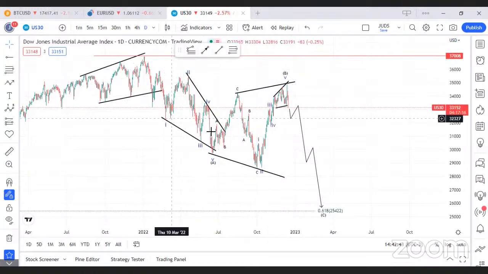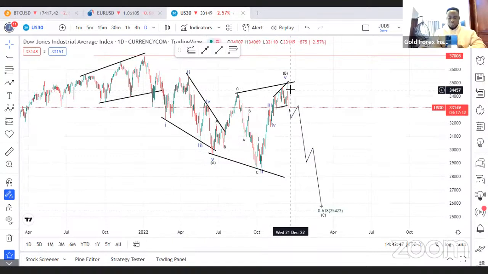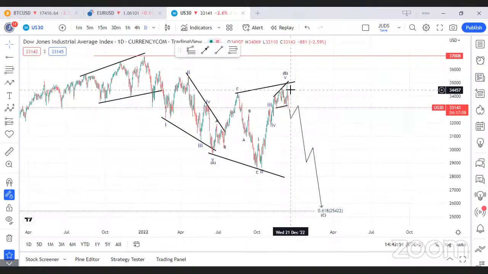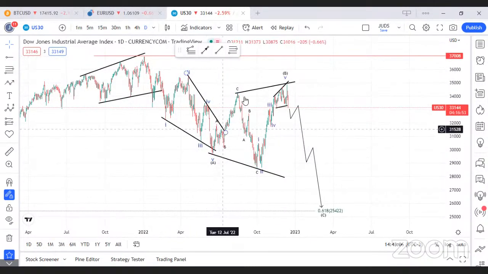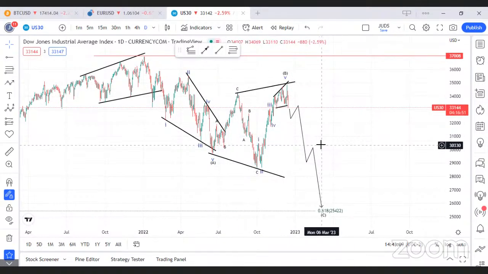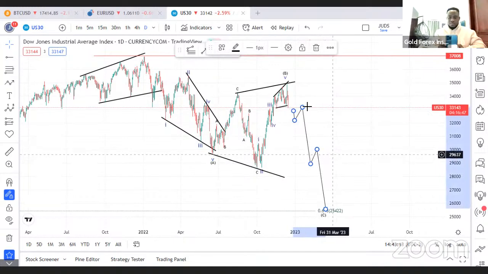The leading diagonal is in 5 waves. The flat is in 3 waves. This is an expanded flat. Exactly. So the combination is going to have this format: 5, 3, 5. A zigzag gives us 5, 3, 5. The 5 is a leading diagonal. The 3 is the expanded flat.